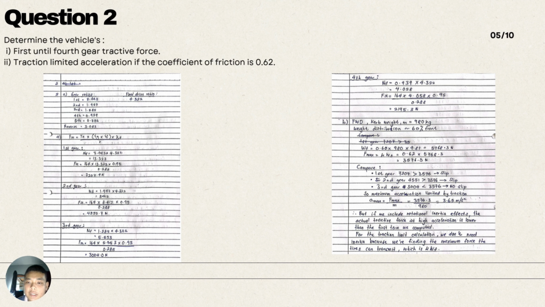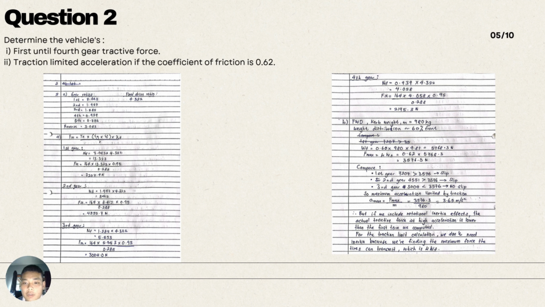The third gear, 3,004, is smaller than 3,576, so there is no slip.